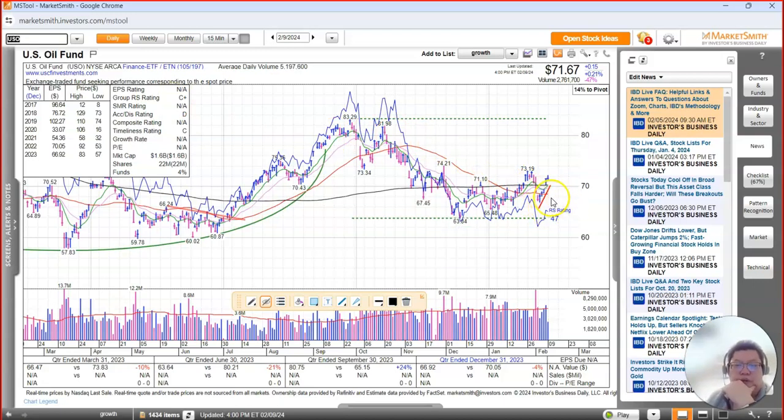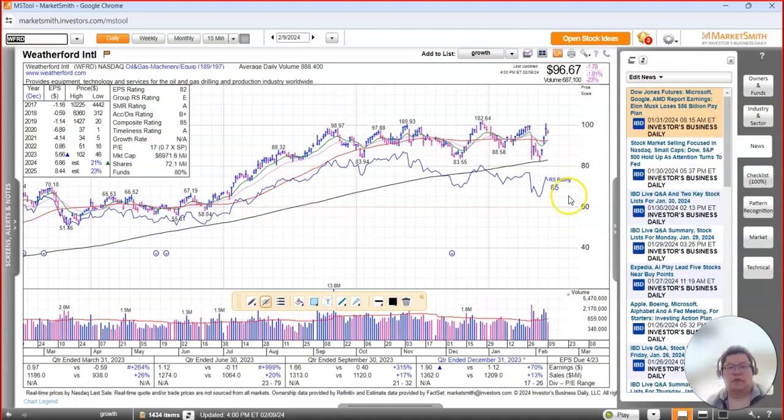The US dollar went down, but the oil went up. So this is also very interesting. Not sure why the oil is moving again. We also noticed some oil stocks move. I don't have many oil stocks on my list, but one is Weatherford. So this one moved accordingly.